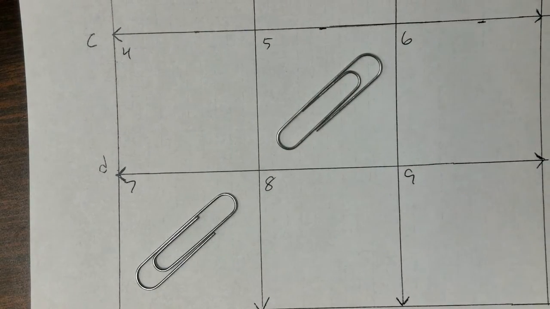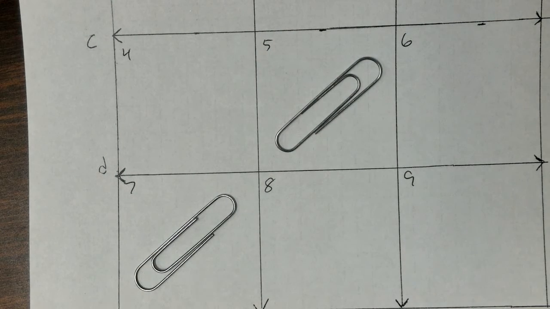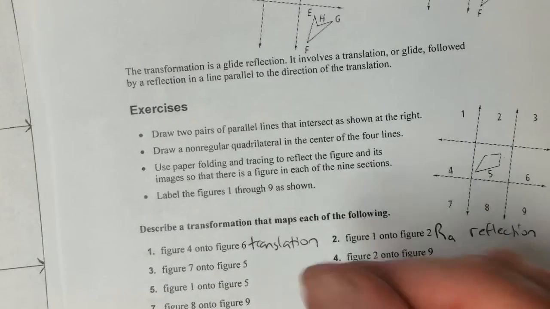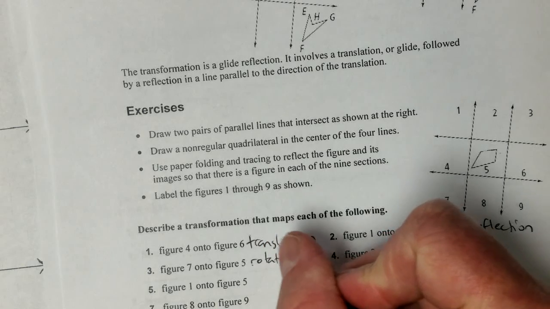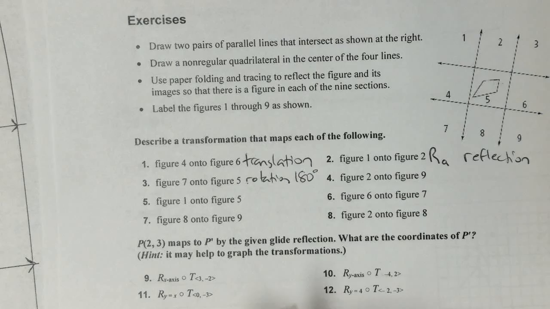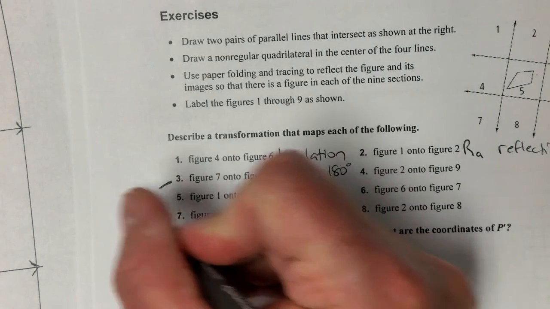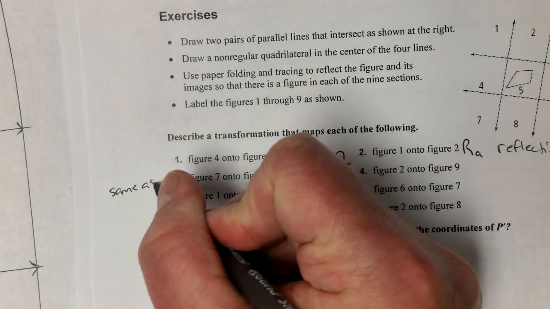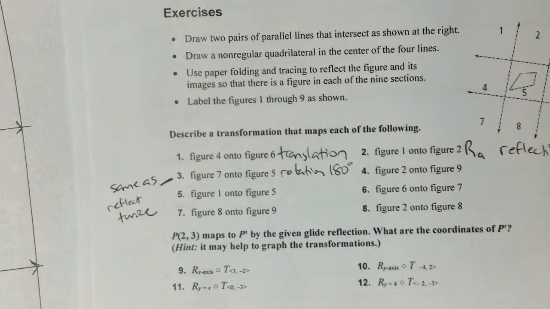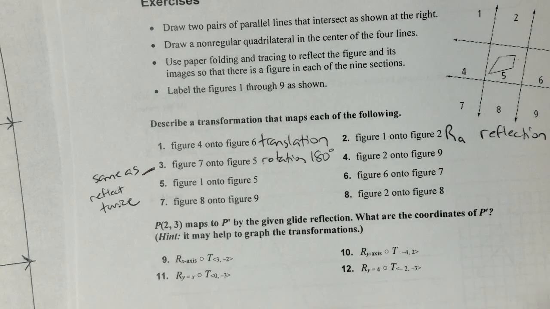So it would look like that. So the original would then flip, like rotate 180. So we're going to call this a rotation 180 degrees. And remember, a rotation 180 is the same as reflect twice.